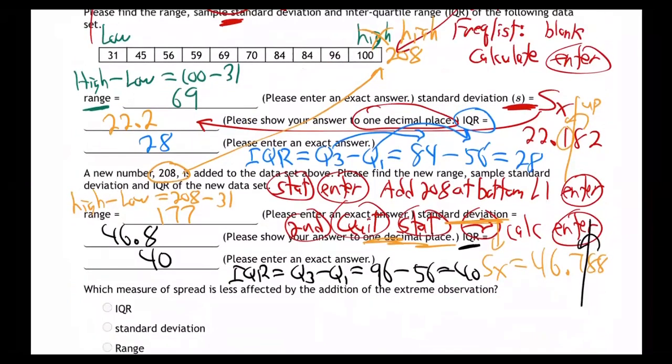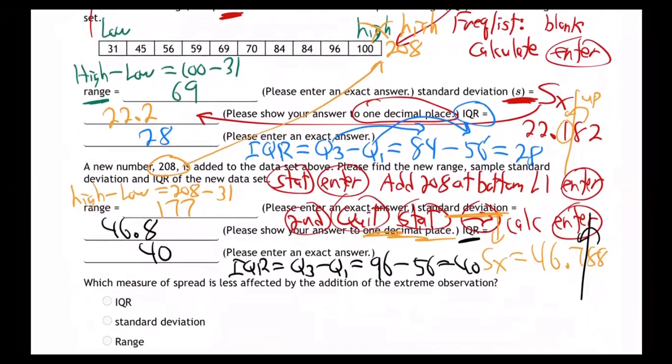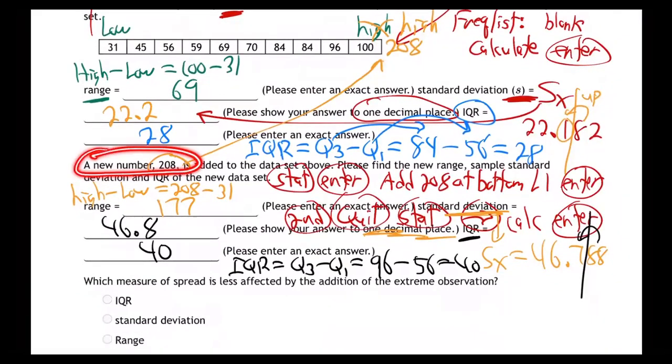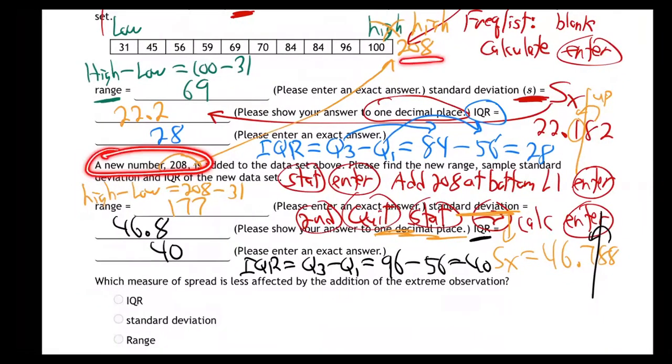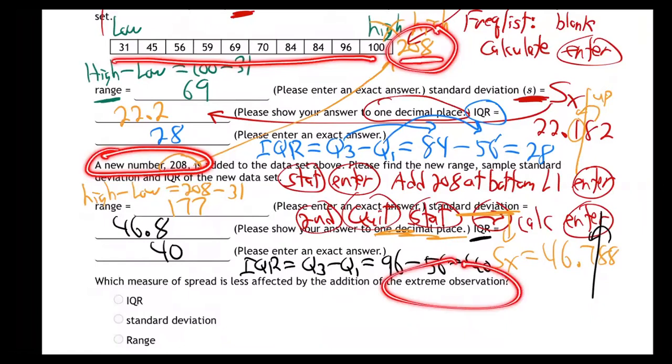They mean that extra number we added, that 208, right? They said a new number 208. That's extreme, right? That's really high. Like if these are test scores, somebody got 208 on the test. I don't know how you do that. That number is extremely higher than the other numbers. It's what we call an extreme observation. It's an observed value that's crazy high.